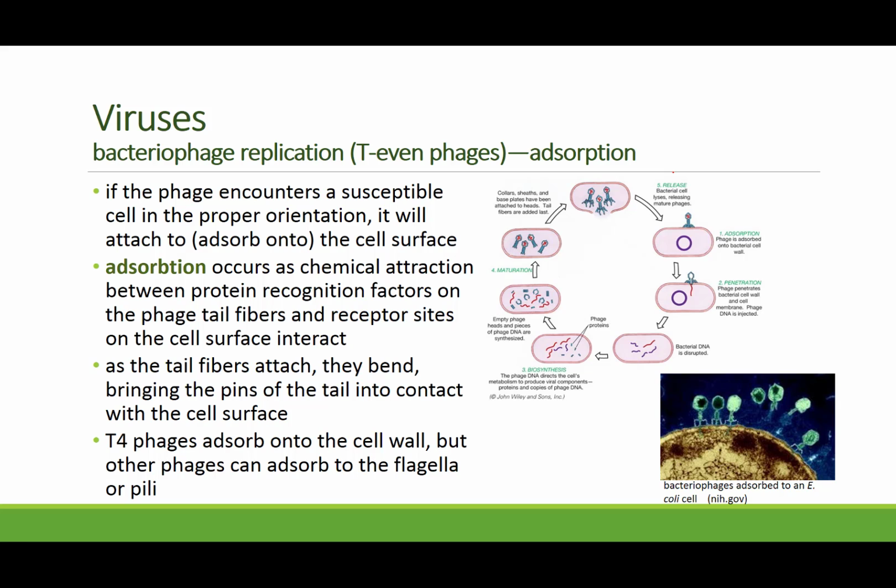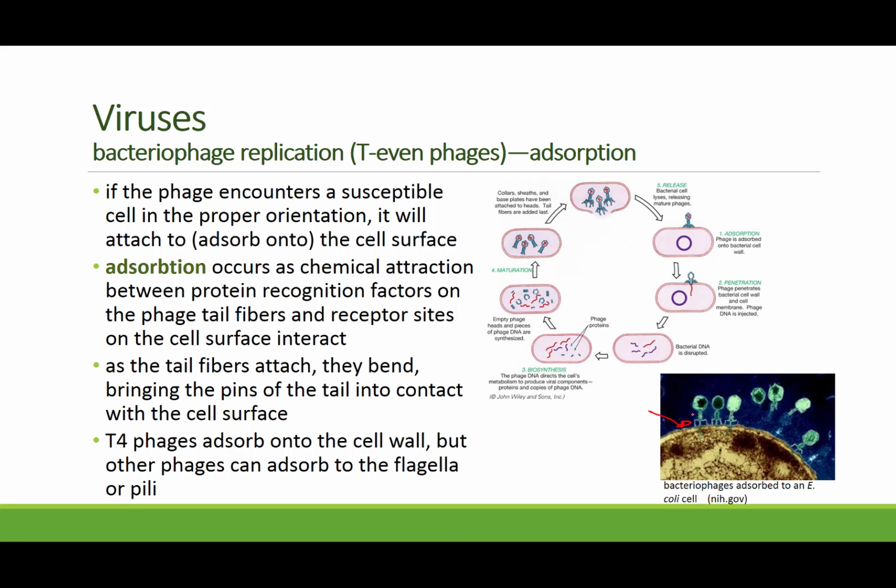Adsorption is a chemical attraction between protein recognition factors that are found on the tail fibers. The tail fibers are these little guys right there, which look like little lunar landers to me, where the tail fibers are attracted to receptor sites that are found on the bacteria on its cell wall surface.